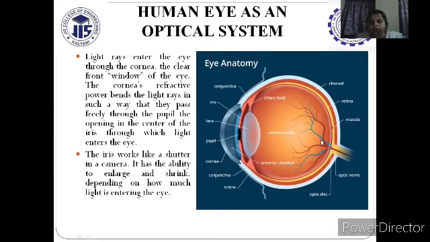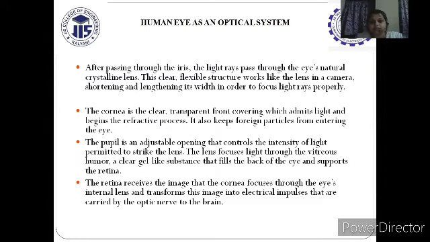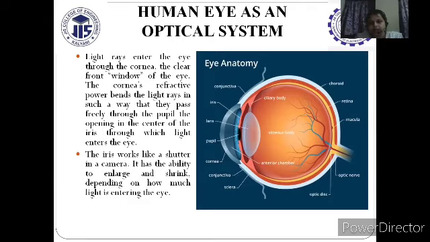In the retina, the image is inverted, but by using the optic nerve, the image can be converted, and after that we can see or visualize any object.